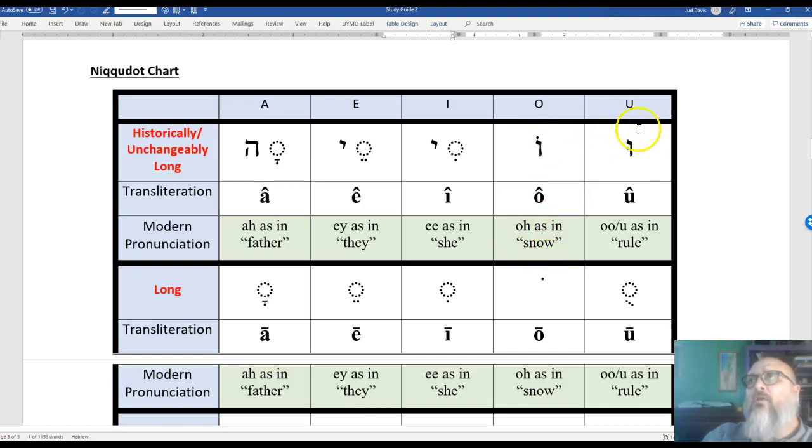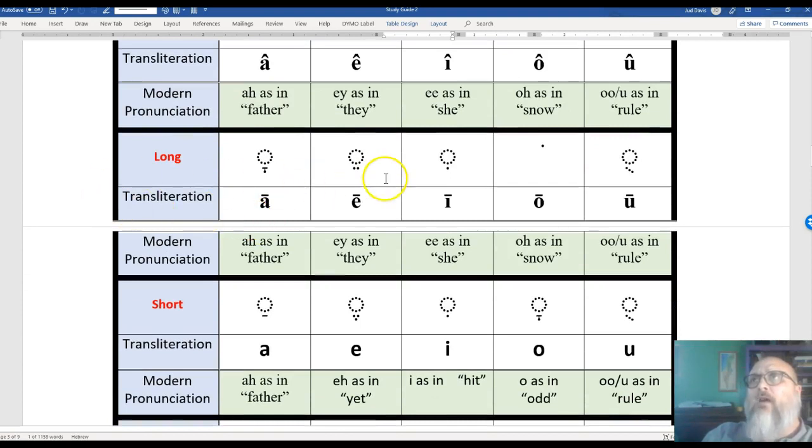And then U is the U as in rule. A, E, I, O. They all have the little carrot top on the transliteration.